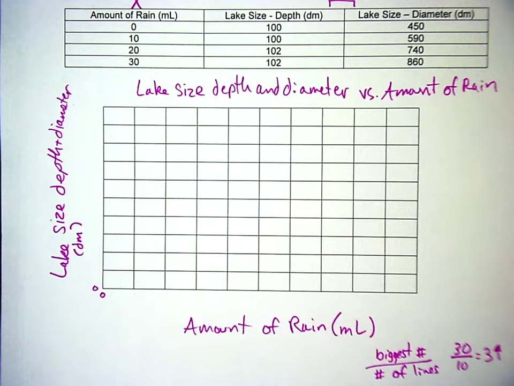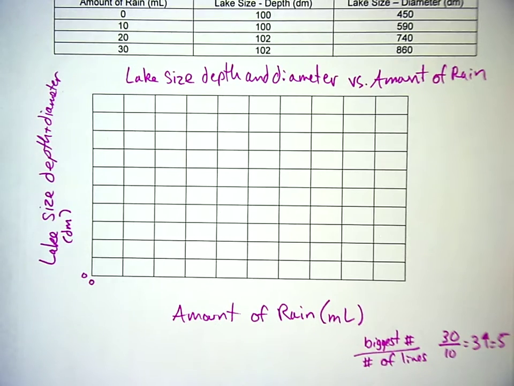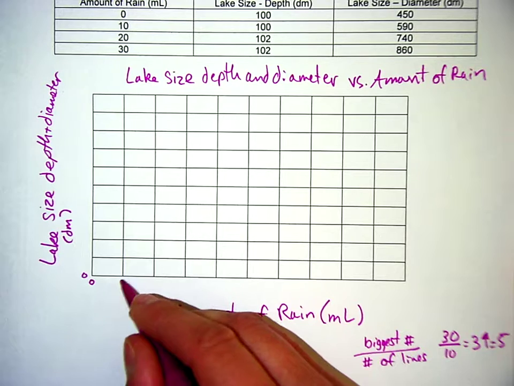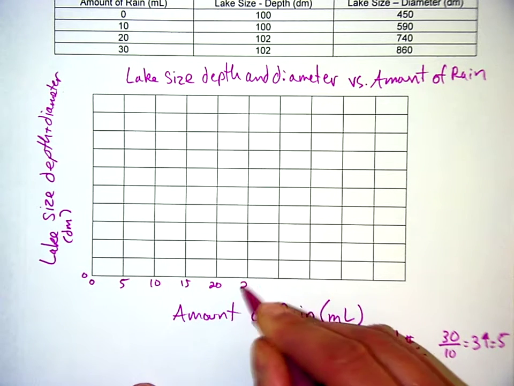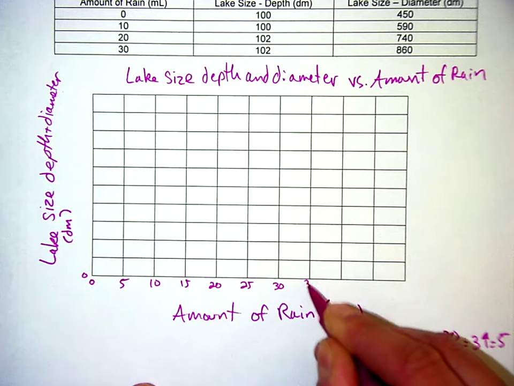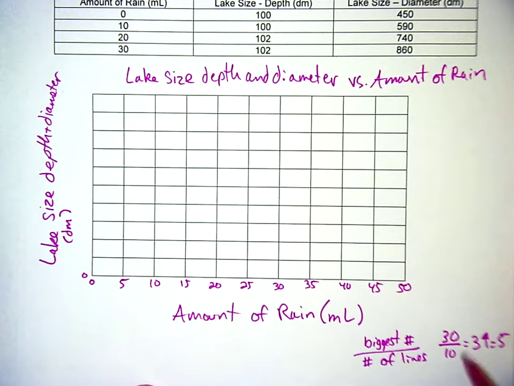In this case, the closest number to 3 that's really easy to count by is 5. So every line is going to be worth 5. That means this will be 5, 10, 15, 20, 25, 30, 35, 40, 45, 50. Whenever you scale, you do this little math equation to figure out what to count by.